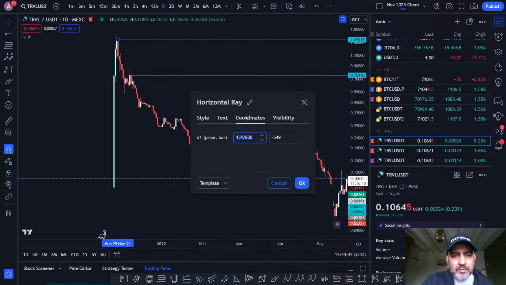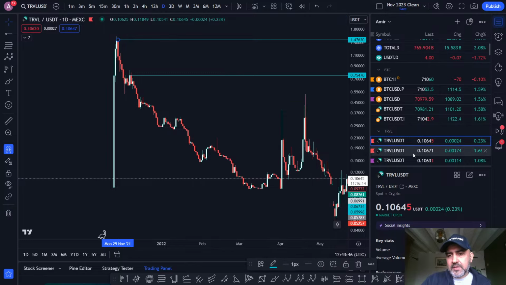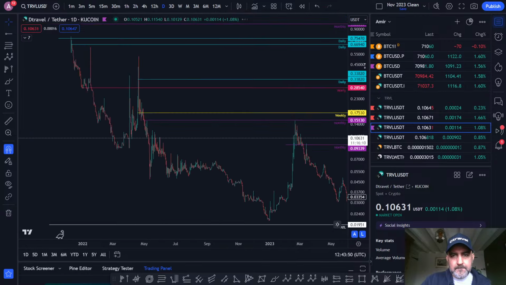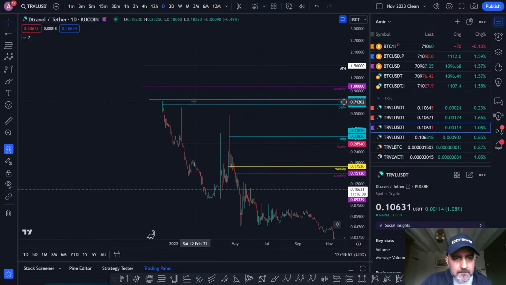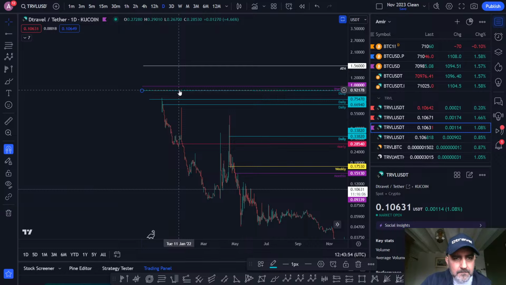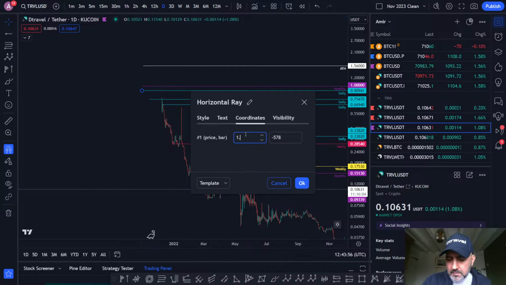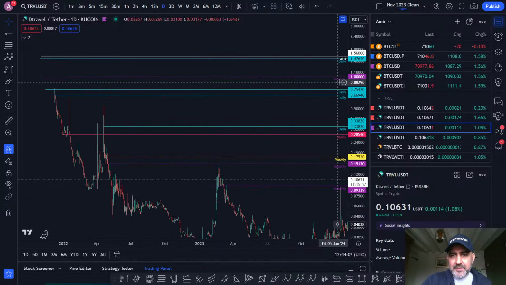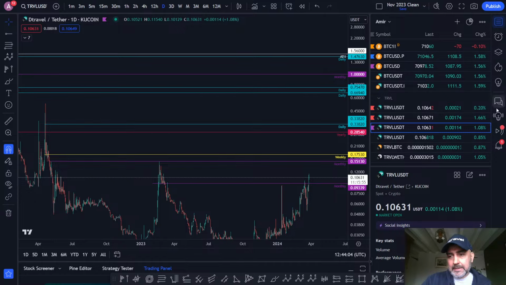And then the higher one, which is this number, 14763. That's all basically at the all-time high.